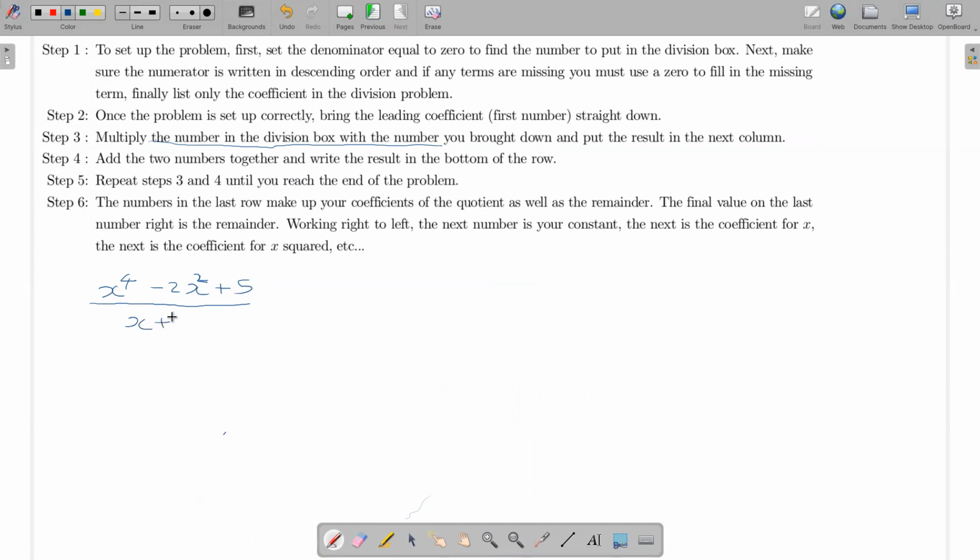So this time I write the opposite of this one, negative 2, because this is positive 2. Now when writing coefficients, the coefficient of x to the 4 is 1, but the next term should be x cubed, it's missing, I have to put a 0, otherwise this method doesn't work. So here 0 coefficients are required.